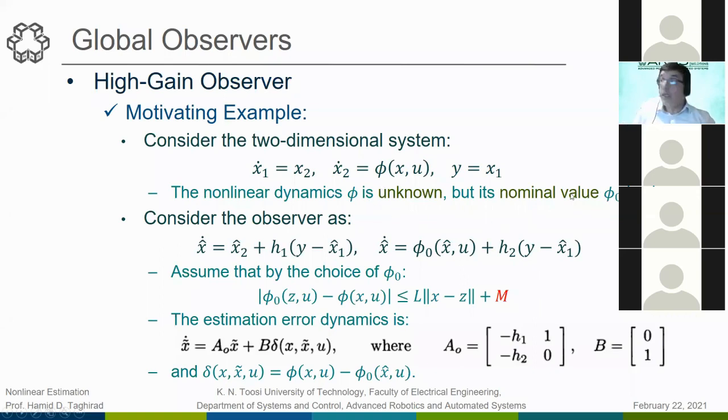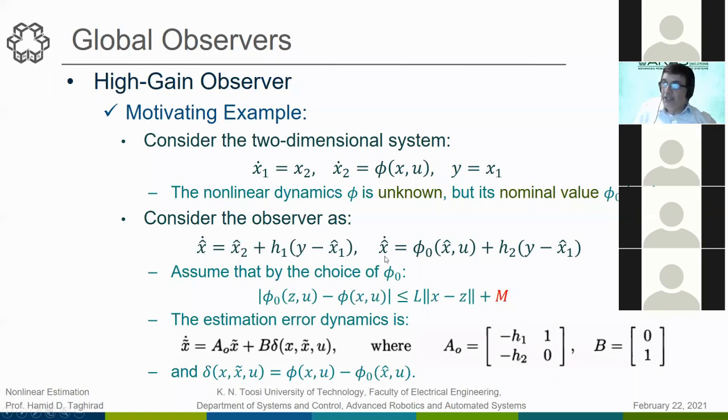We know the nominal value of it. We call it phi 0 or phi naught. And we go through the observer design as before. So we have x hat 1 dot is equal to x2, and x hat 2 dot is equal to phi 0 plus h. The difficulty that we have here, I forgot to say, here is 1 and 2.